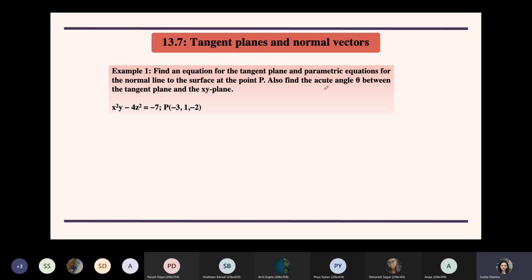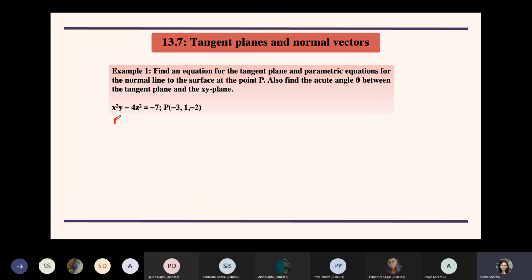Firstly, we'll have to find the equation of the tangent plane. For finding the equation of the tangent plane, what is the first thing we have to do? That is to find the gradient. So we first write our function f(x, y, z). This is of the form f(x, y, z) equals c, so this part is our c.